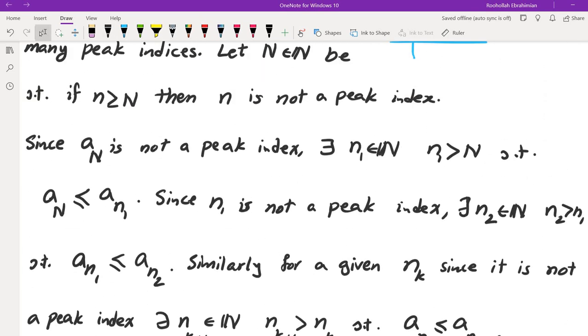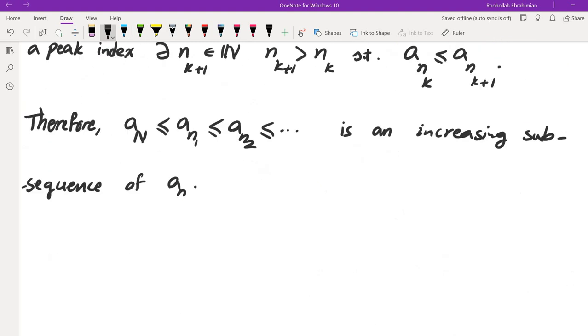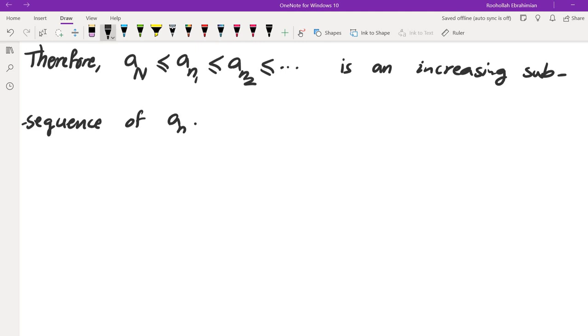Okay, so this was the assumption that we made. Suppose there are only finitely many peak indices. Now assume that there are infinitely many peak indices.